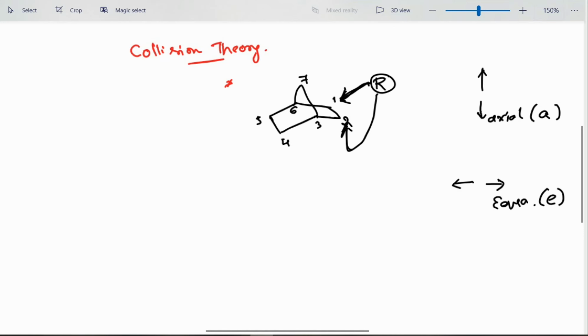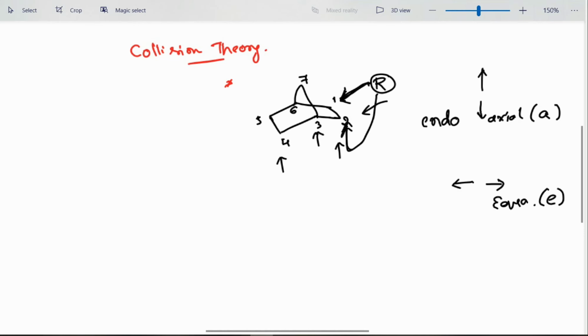Endo attack is usually called an axial attack. Endo attack is usually known as axial attack, that is, it attacks the carbon atom present in the species in the axial direction, whereas the exo attack is from the outer side. Exo should be present on the outer side of the plane of the compound.